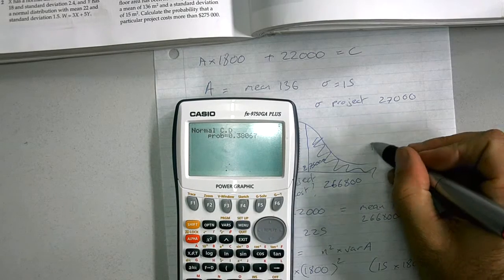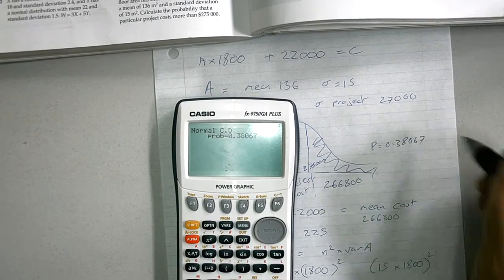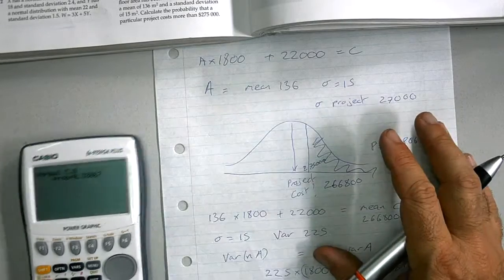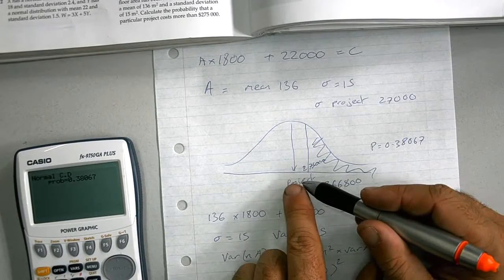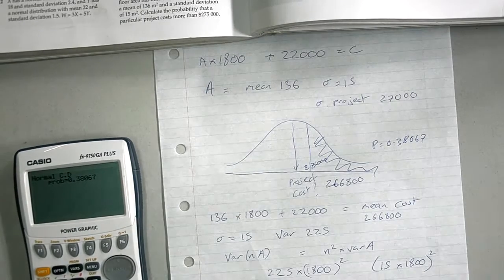My answer is 0.38067. This was just like a normal distribution question and it was dead easy. The problem is that you had to work out the mean and the standard deviation, and that's what took us ages. There you go.